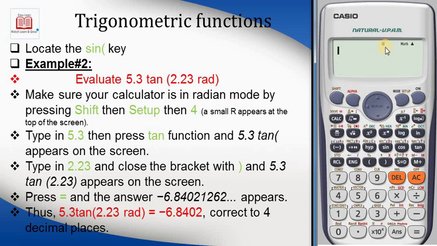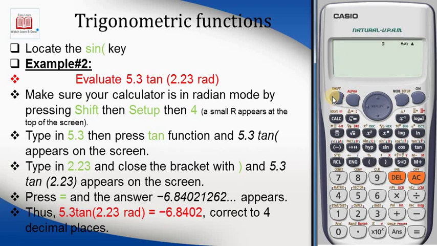But here we can see that our calculator is in degrees mode. The main mistake students make right here is that, without looking at the questions, students sometimes forget to check whether our calculator is in degree mode or radians mode, and this is the biggest mistake they make.